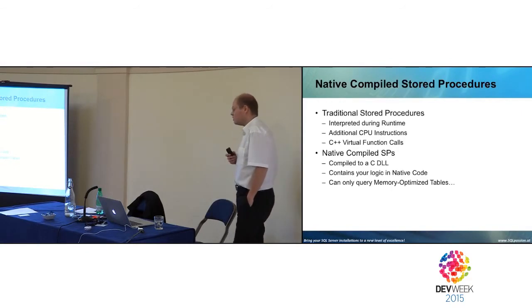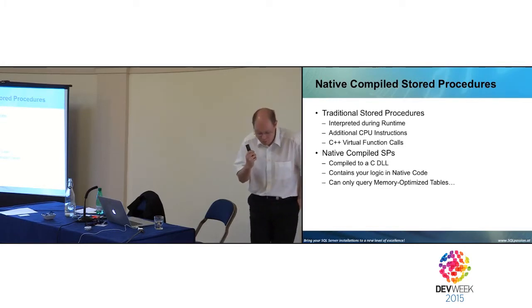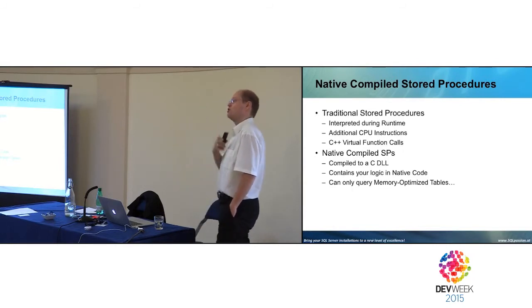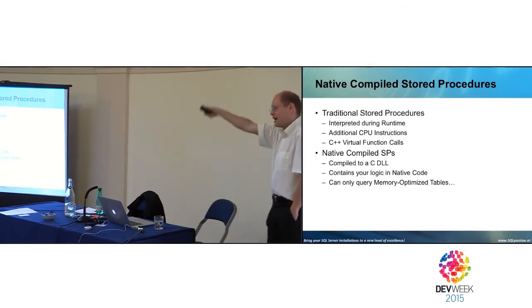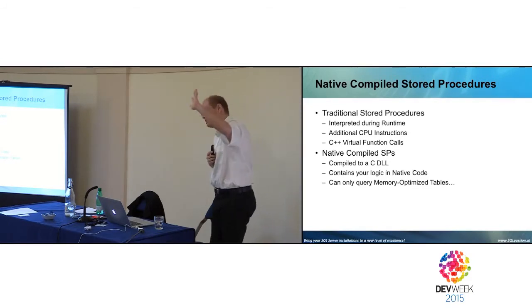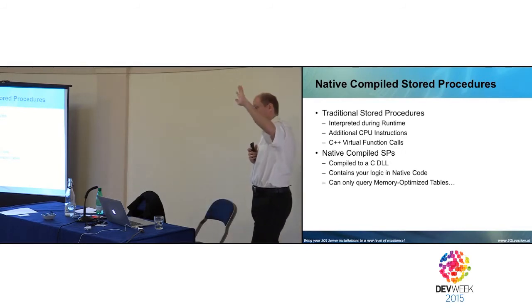What we can do now, when we create a stored procedure, is tell SQL Server that we want to compile that stored procedure to native machine code. Again, magic happens in SQL Server. SQL Server takes the implementation of that stored procedure and converts it to C code.